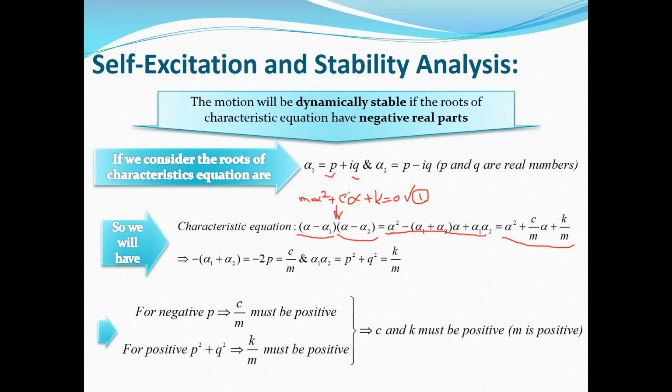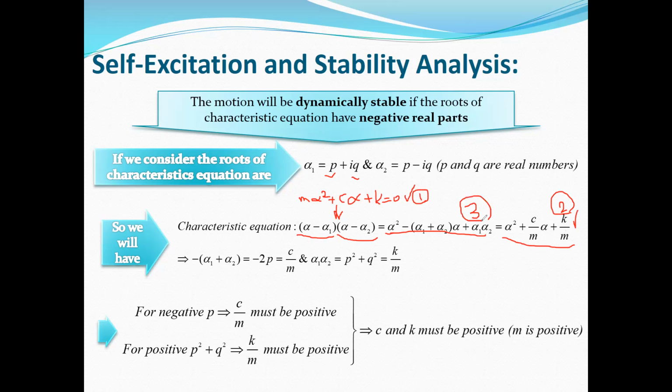If you divide equation 1 by m, we will have this equation: alpha squared plus c divided by m times alpha plus k divided by m. Now we can compare these two equations, equation 2 and equation 3.